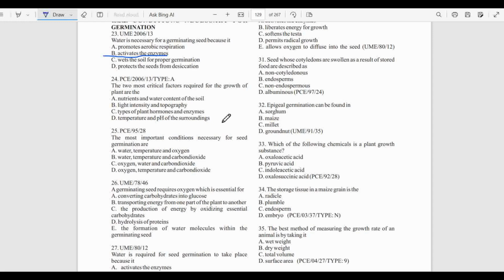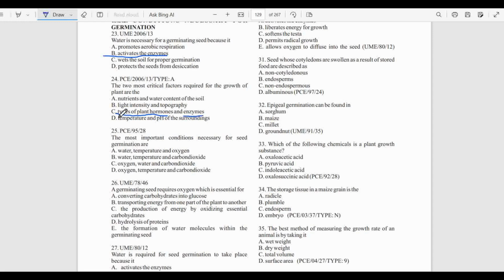For growth to occur, you'll be looking at intrinsic factors such as growth hormones and also enzymes, which are critical for plant growth. So you need the types of plant hormones and also the enzymes.